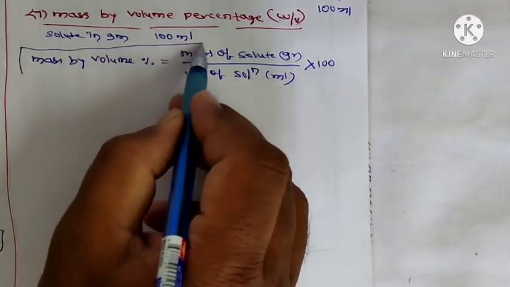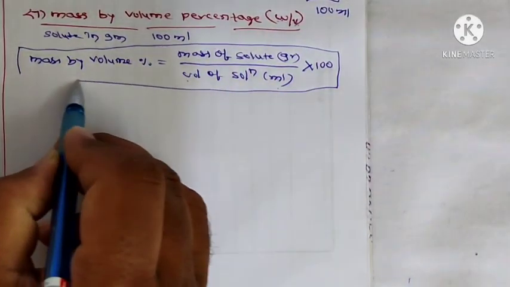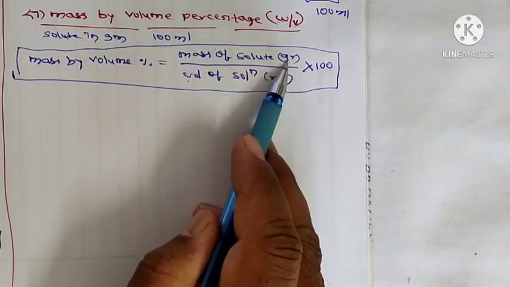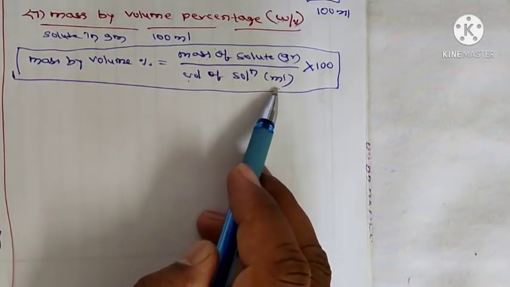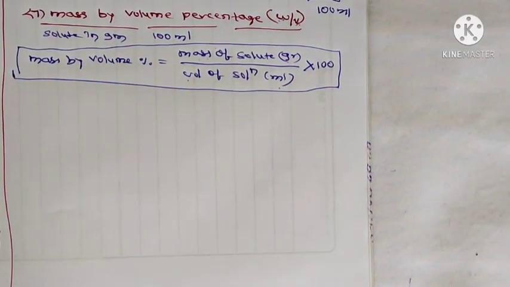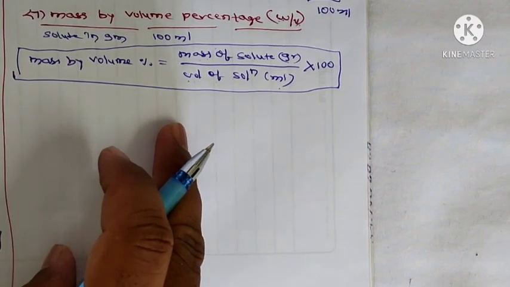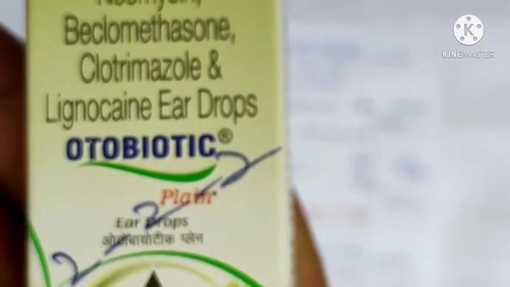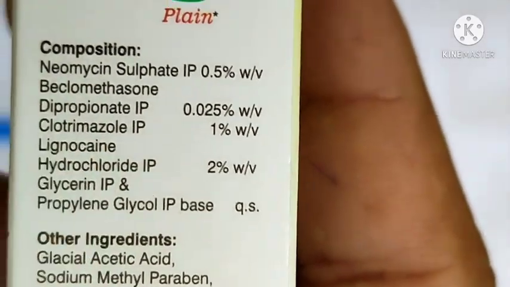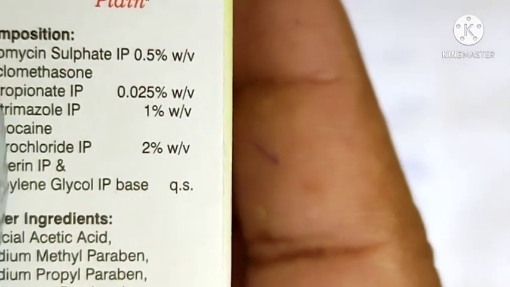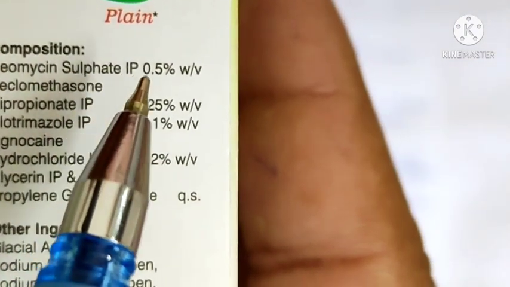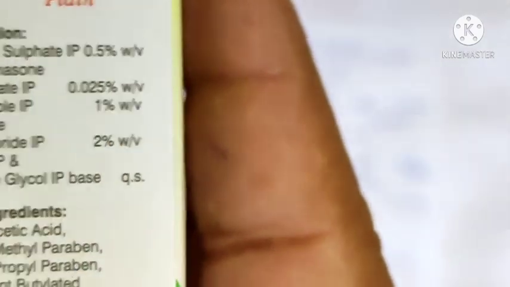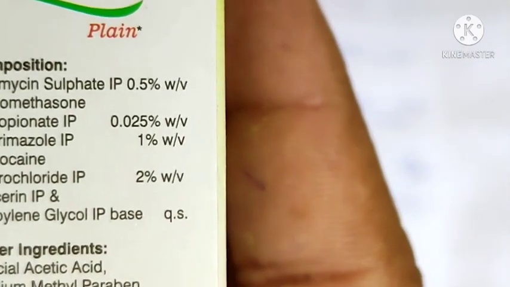So it is grams per ml. Mass by volume percentage is equal to mass of solute in grams divided by volume of solution in ml, into 100. It is commonly used in medicine and pharmacy. If it is a medicine eardrop, and you look at the bottle, there is neomycin sulfate 0.5% W by V, mass by volume percentage.